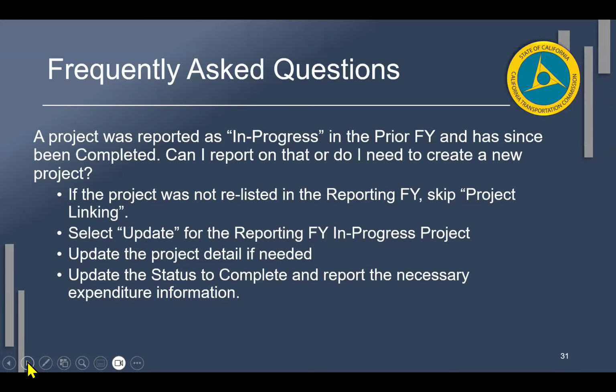So you can, if needed, link the project. If you don't need to link the project, you just skip linking and you report on it directly from the last status that was given and you update it accordingly, right? So if it completed, you're going to change it to complete and you have to make sure that that completion date falls within the fiscal year so that it's allowed to be identified as completed. And so you'll update it from there.